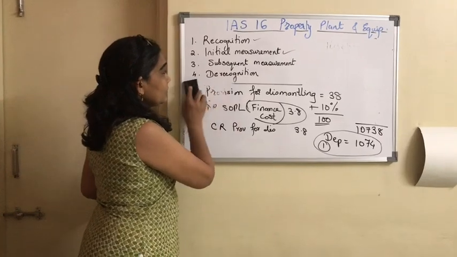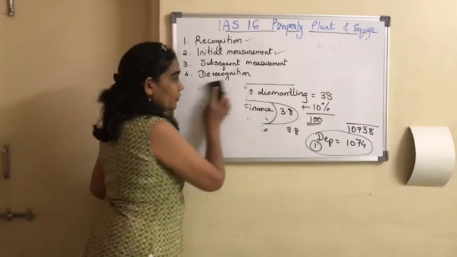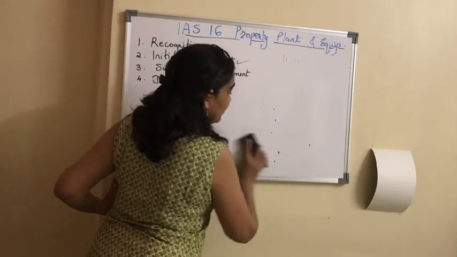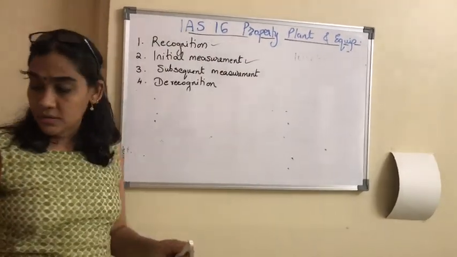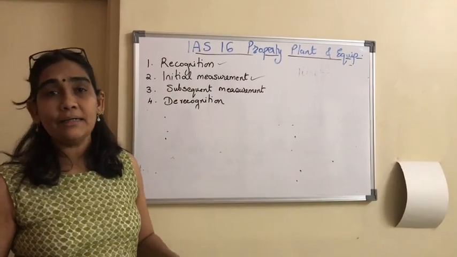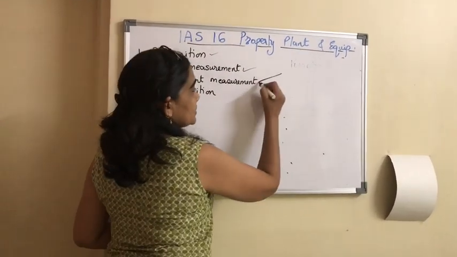Now coming to subsequent measurement. There are two methods of subsequent measurement which are allowed by IAS 16 related to property, plant and equipment. What are those?